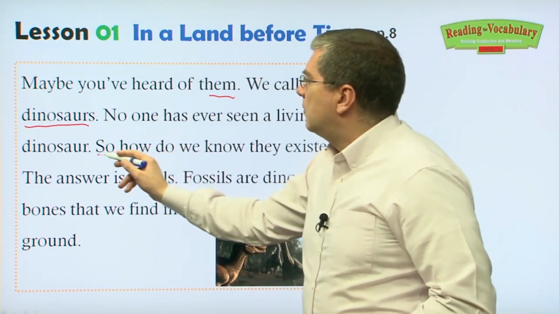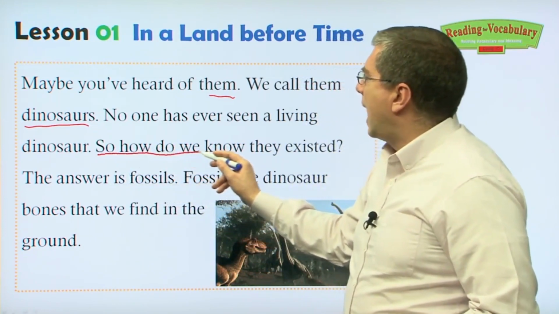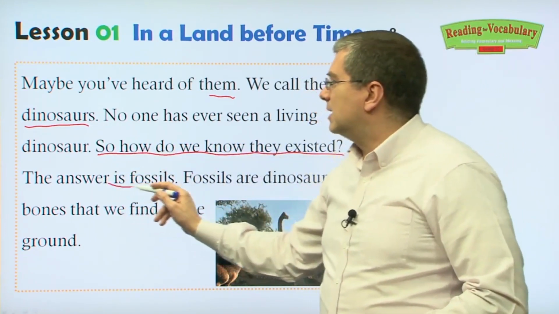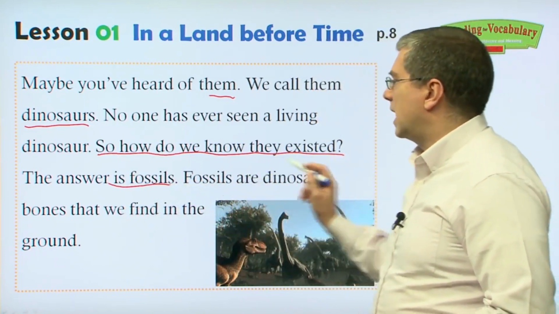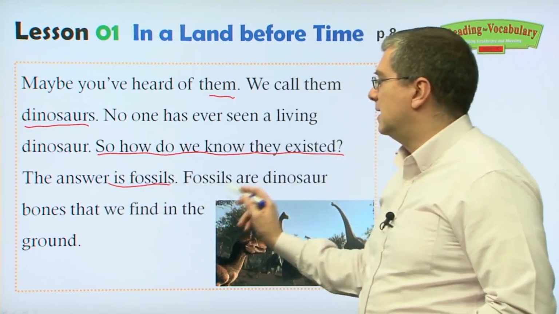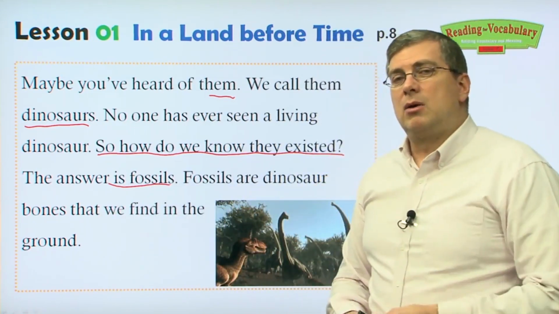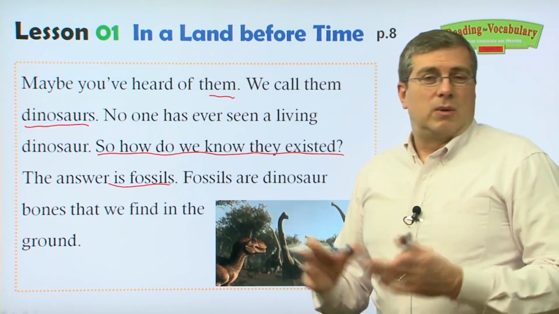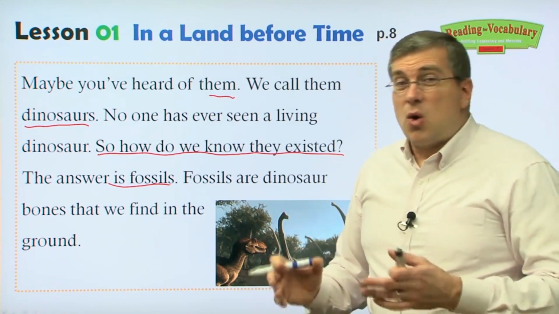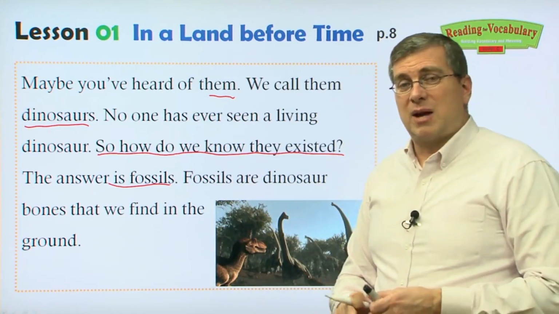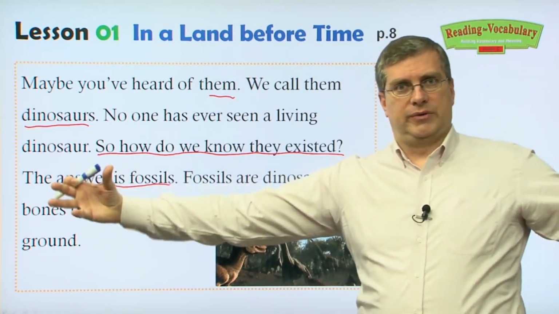So, if we never saw a dinosaur, how do we know they existed? The answer is fossils. Fossils are dinosaur bones that we find in the ground. That's very interesting. A long time ago, when human beings were running around, they didn't really know where they came from or how old the earth was. Sometimes people would find these really big bones in the ground.